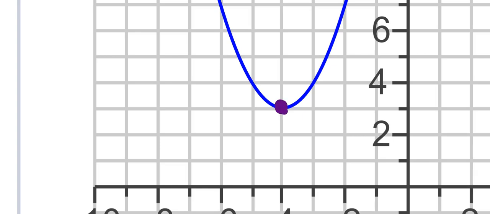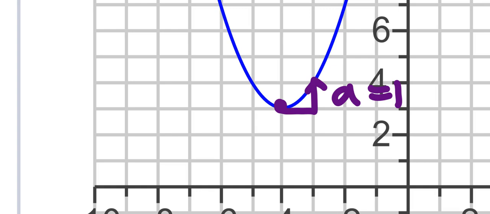So there's my vertex. If I move 1 to the right, how far up do I have to move before I find the next point? How far up? 1 unit. Well, guess what? You just found the value of A, +1.